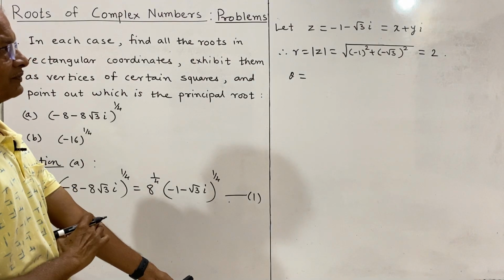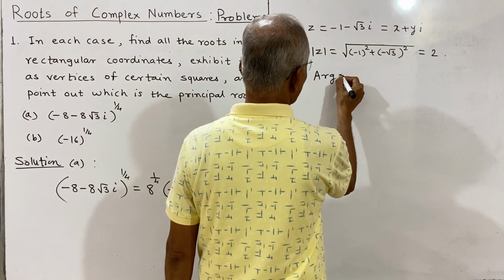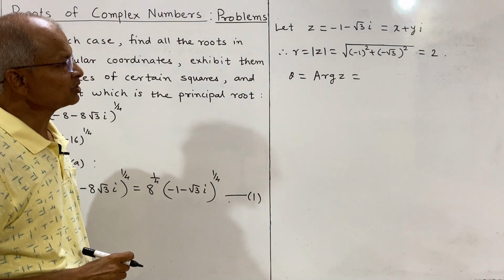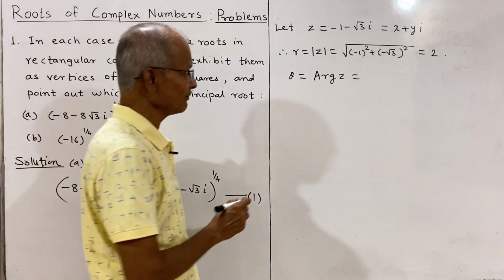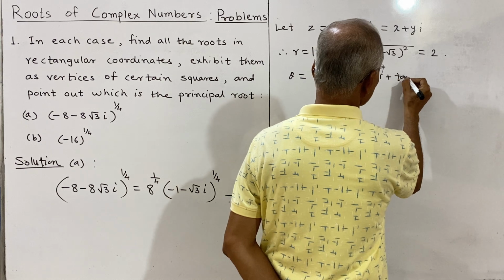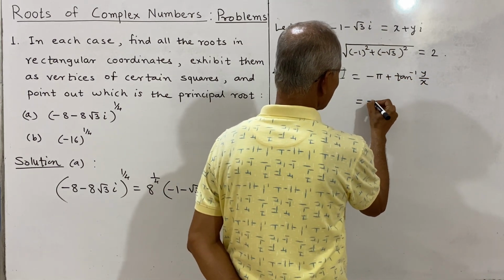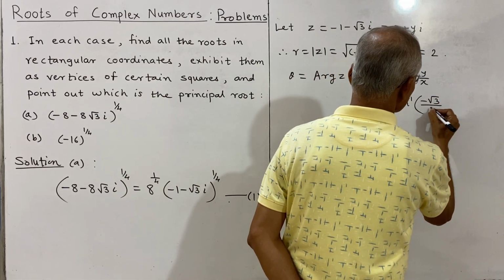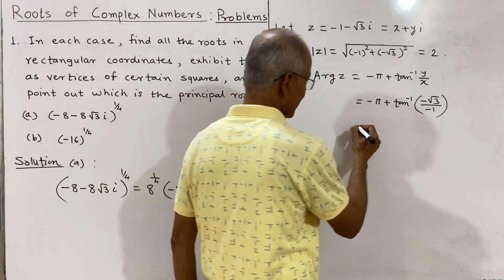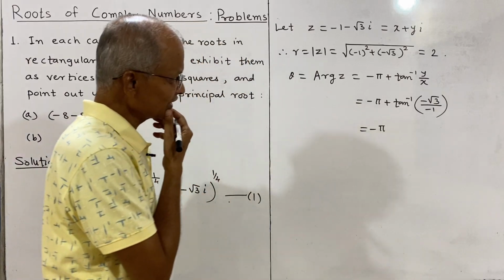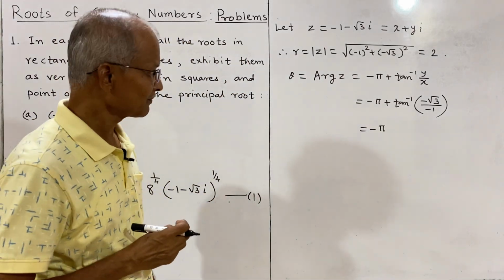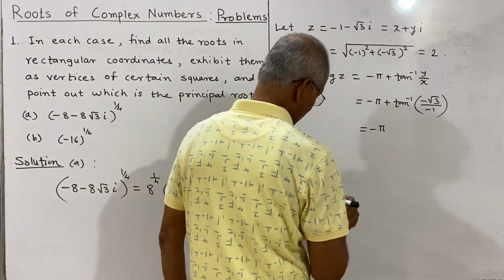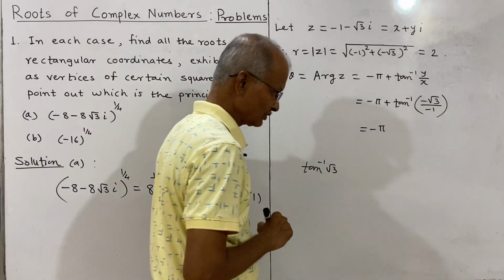And θ is equal to the principal argument of z. Here x is negative and y is negative, x is −1, y is −√3, and that means this lies in the third quadrant, and in the third quadrant the principal value of the argument is −π + tan⁻¹(y/x).